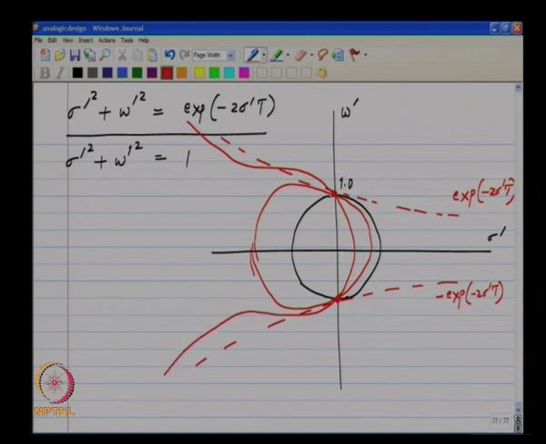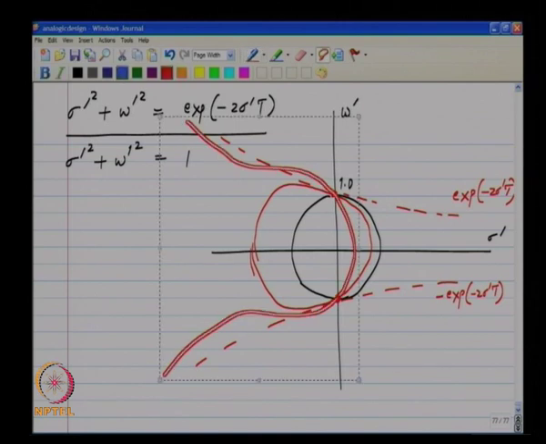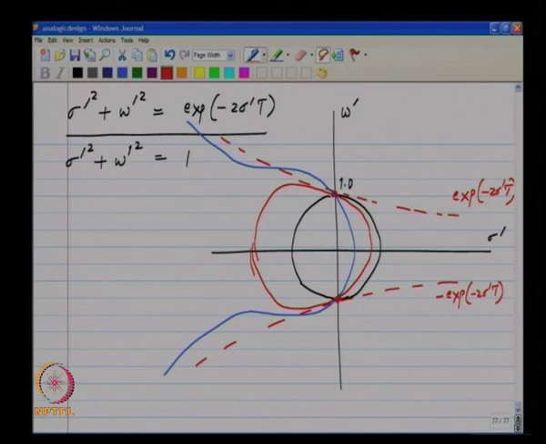And it turns out that for tau greater than 1 by e, this is exactly what happens. It will not form a closed loop. It is closed on the right side, passes through plus 1 and minus 1, and then diverges to infinity on the left side. We do not have to worry about the exact shape of this. This much detail is enough to get an idea of what the solutions are and when the system becomes completely unstable.